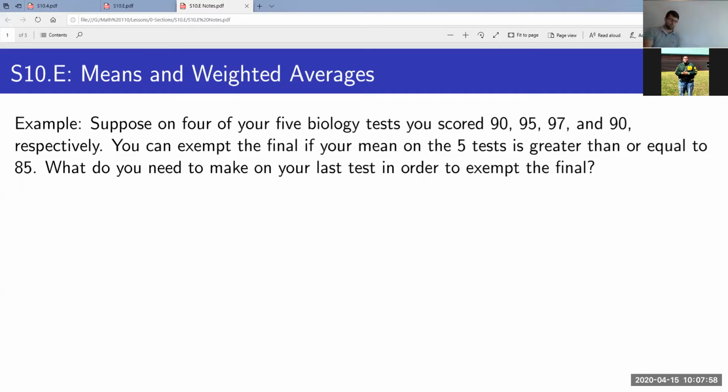All right, you come up with an inequality, right? You write an inequality first? Well, you could write an inequality, for sure. So let me get my numbers up. 90, 95, 97, 90, and you'll need 85.